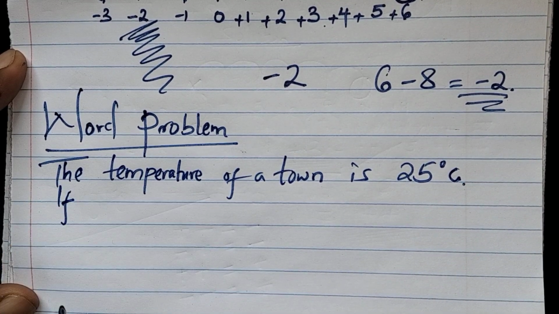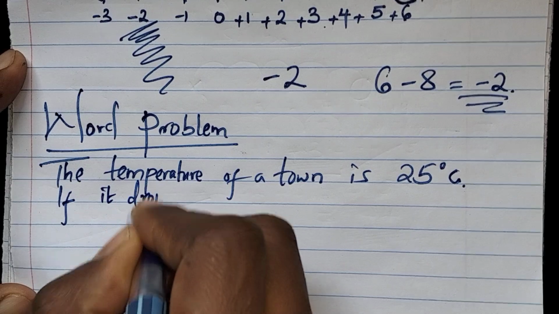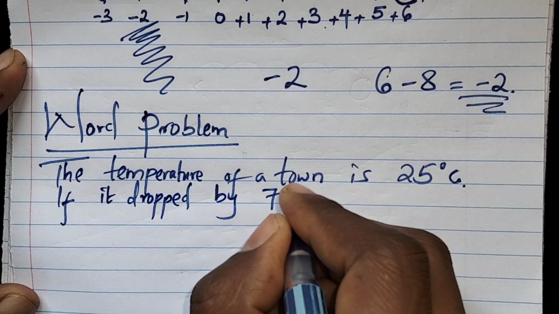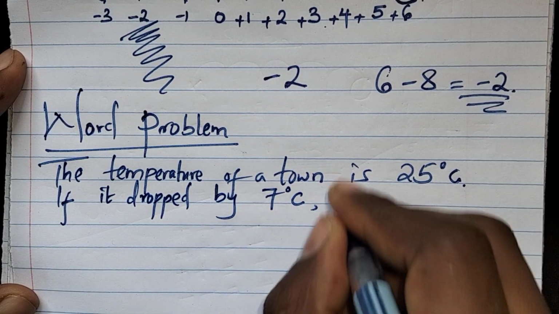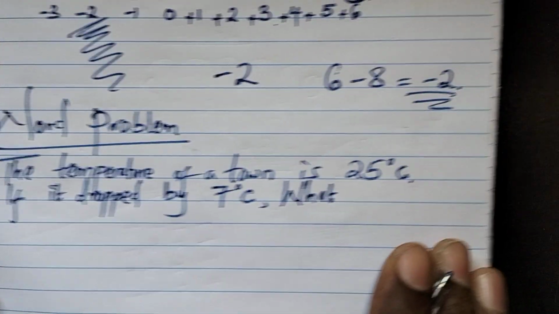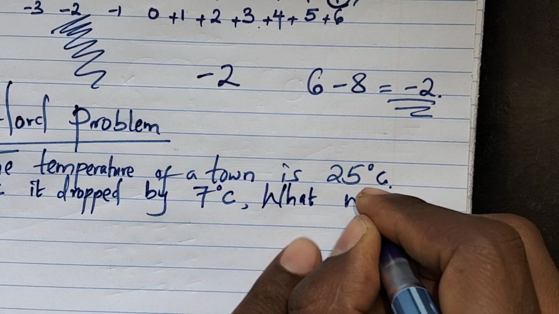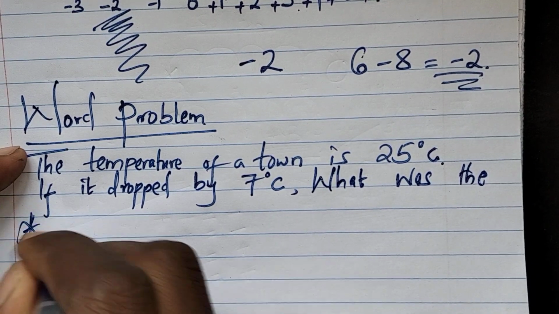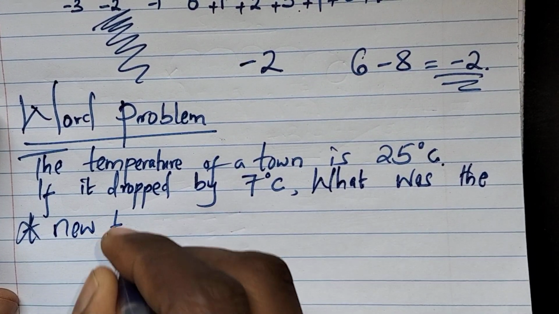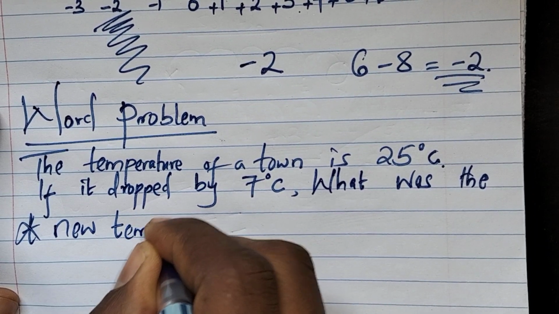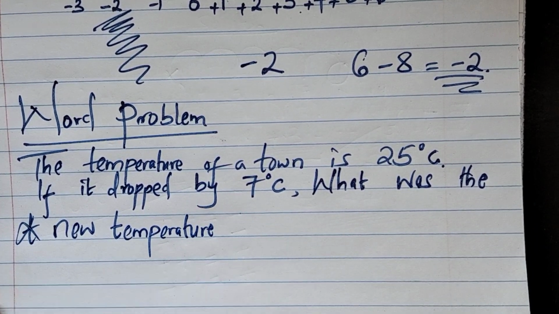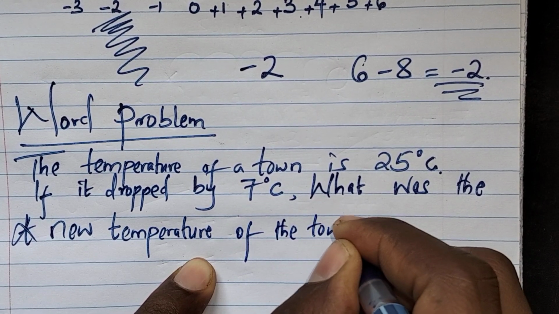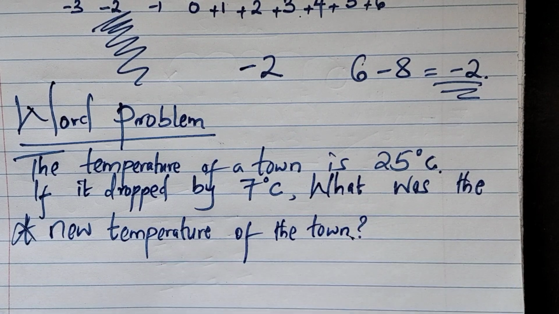If it dropped by 7 degrees centigrade, what was the new temperature of the town?